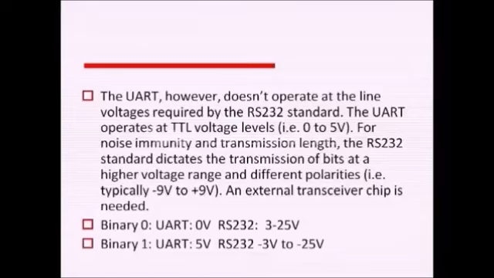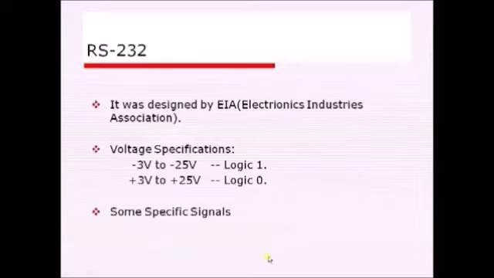So we follow this protocol whenever we want to increase the length of transmission or reception. A UART represents a binary 0 with 0 volts, but RS-232 represents it with a voltage between 3 and 25 volts. Binary 1 is represented by 5 volts in UART, and RS-232 represents the same binary 1 with a voltage between minus 3 volts and minus 25 volts.